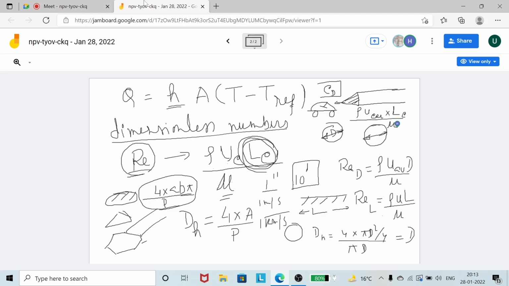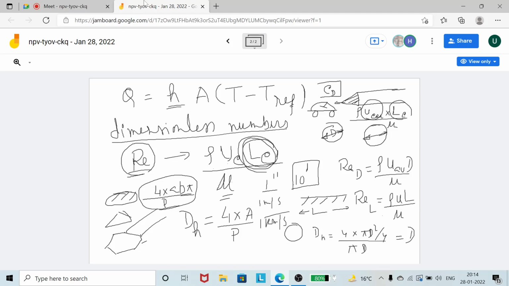You may not have the space to accommodate the car in the wind tunnel. So you take a lower L, but you make the velocity higher, so you go for the same Reynolds number. That is how it is easier to compare in terms of some non-dimensional number.